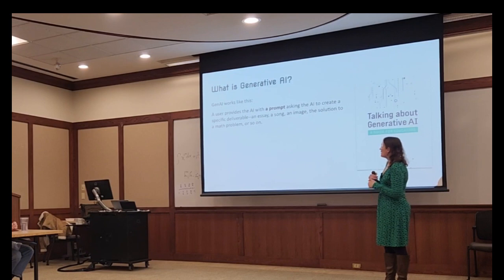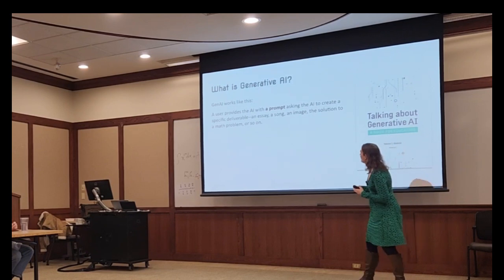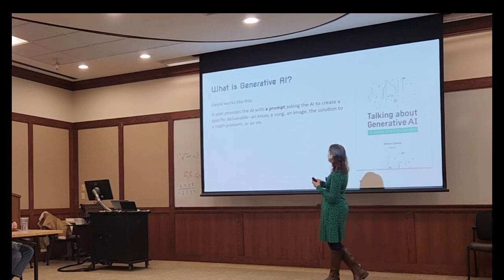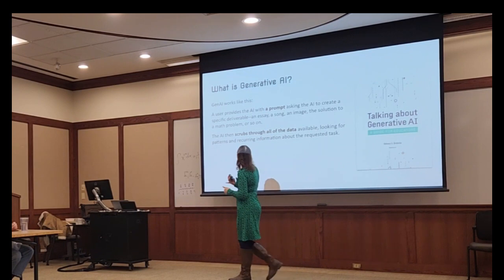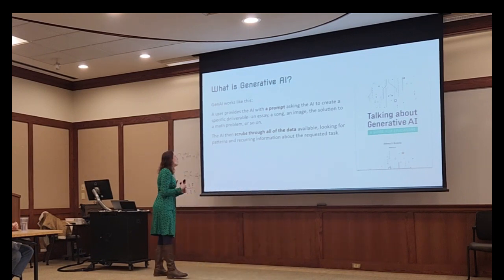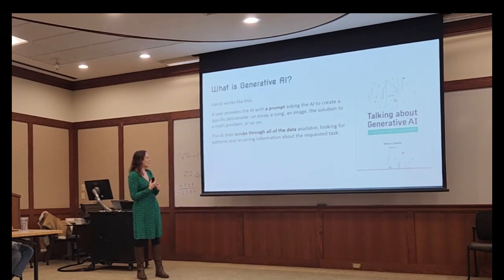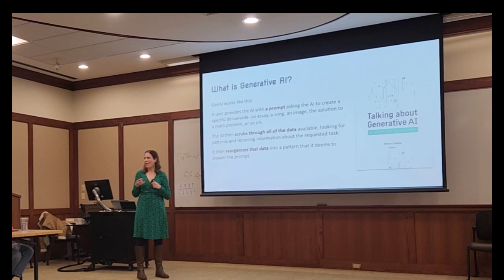A user provides the AI with a prompt, asking the AI to create a specific deliverable, an essay, a song, an image, the solution to a math problem, and so on. The AI then scrubs through all of the data available, looking for patterns and recurring information about the requested task. It then reorganizes that data into a pattern that it deems to answer the prompt. So I'm hoping that just gives us all a kind of really basic place to start wherever you are.